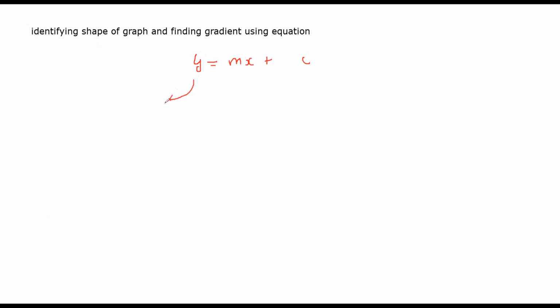What is y? It means the quantity on the y-axis. What is m? It is the gradient, the slope.